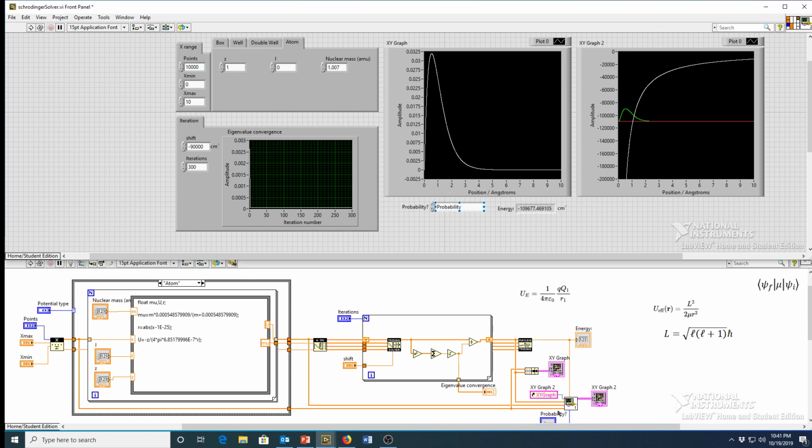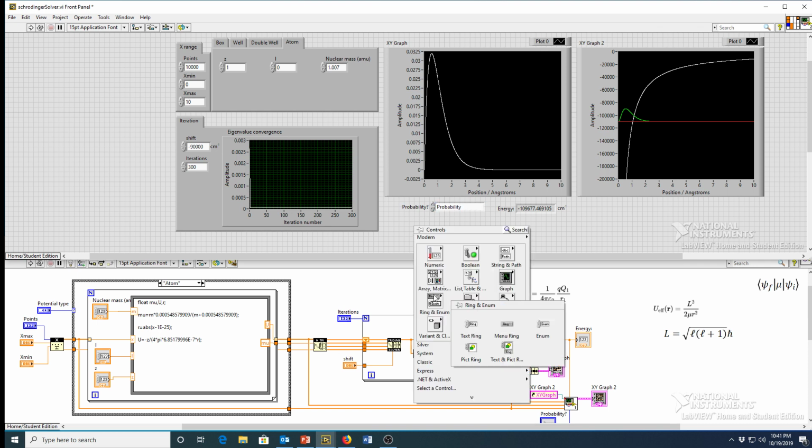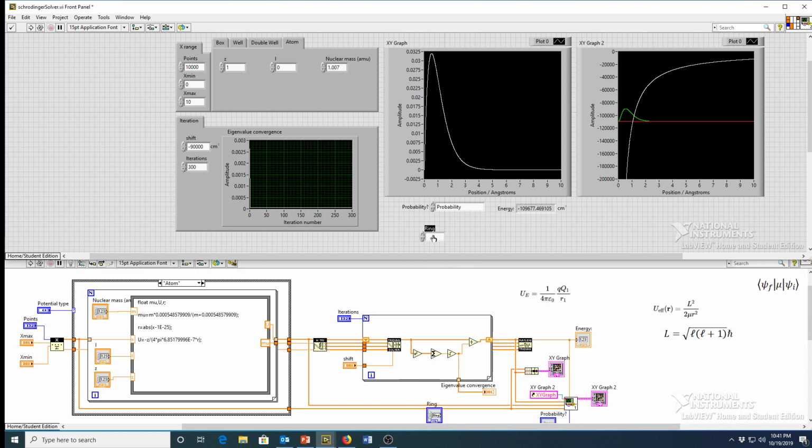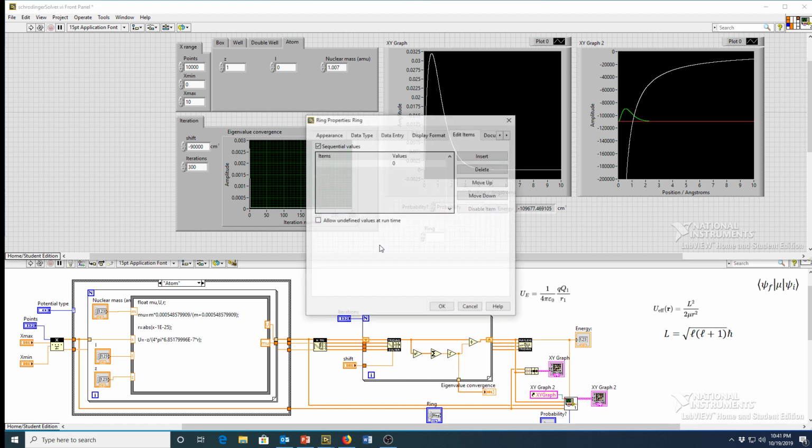And by the way, I forgot to mention I made a minor change to the program here. Instead of using a Boolean click on or off for squaring the wave function or not, I made this enumerated control, which you can make by right-clicking, going to ring and enum, text string. Then you right-click, go to Edit Items, and you can add whatever words you want to appear in this drop-down box, like probability, or wave function.